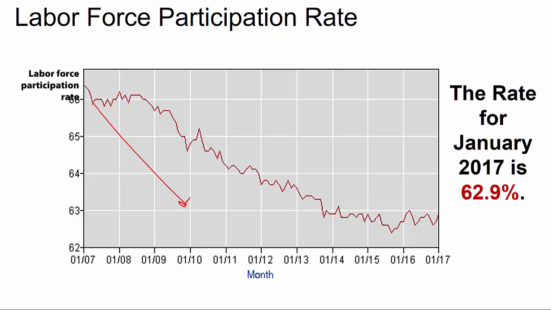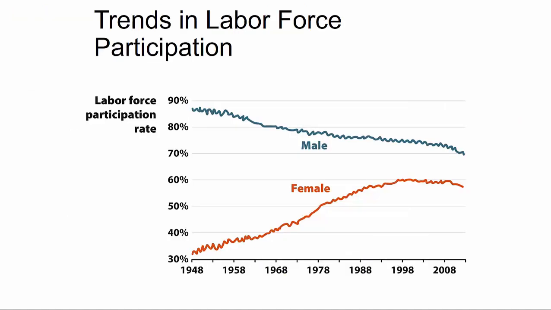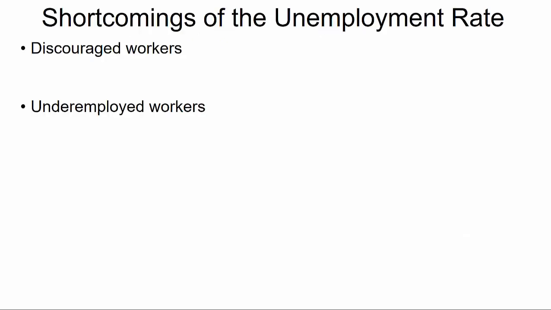That's a possibility. But the real possibility is that people have decided that the economy is not strong enough for them to get out into the job market. And so that's why this could be a problem. Okay? Here's some trends that you see over time in the labor force participation. You see fewer males and more females joining the labor force.